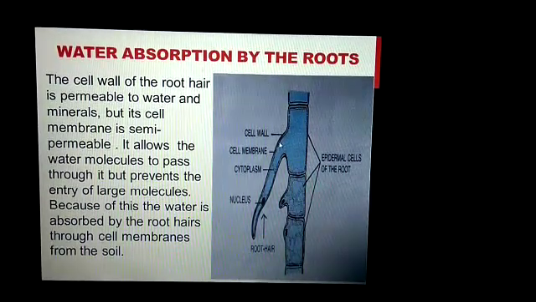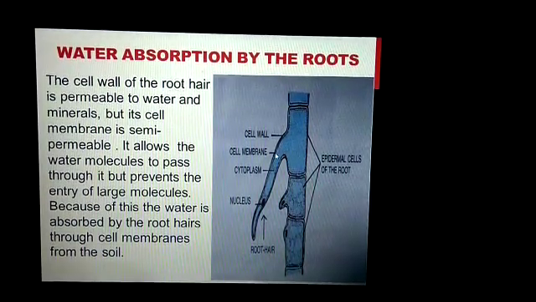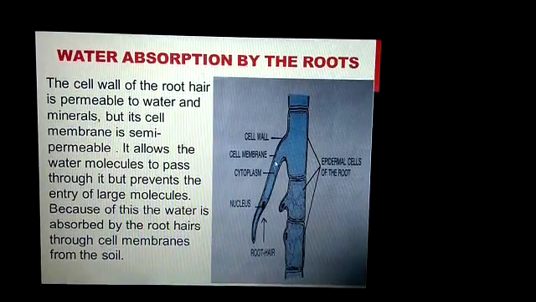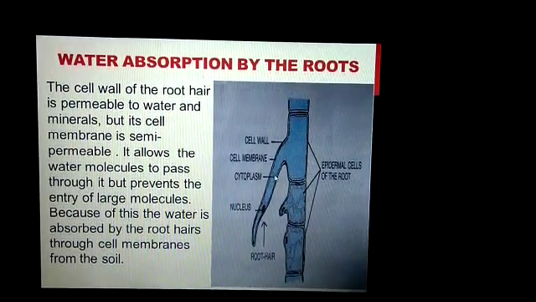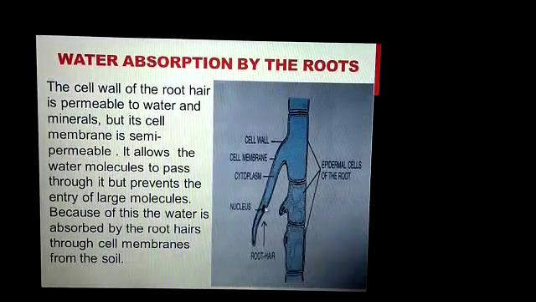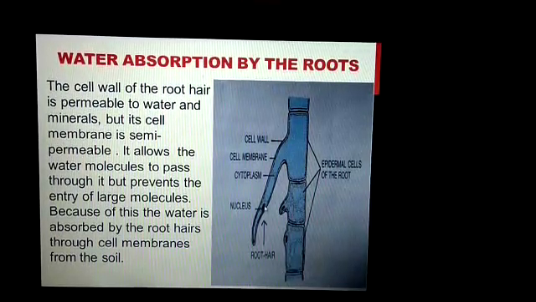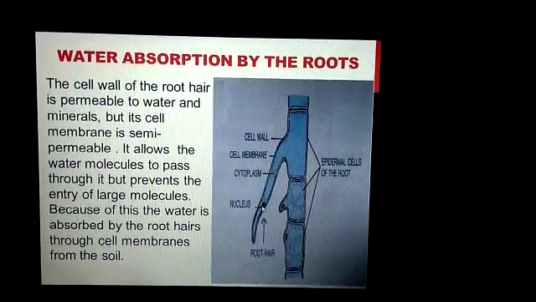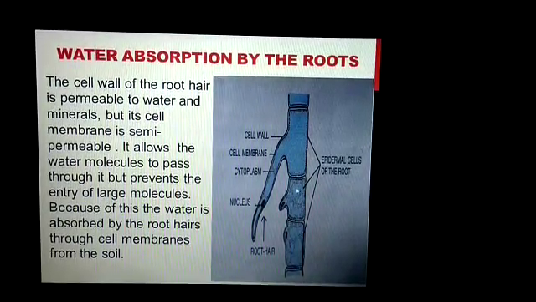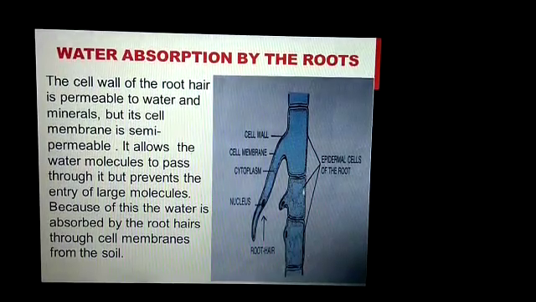Next to the cell wall there is a cell membrane, and inside the cell there is cytoplasm and the nucleus. The black dot you can see in the picture is the nucleus. And these are the epidermal cells of the root.